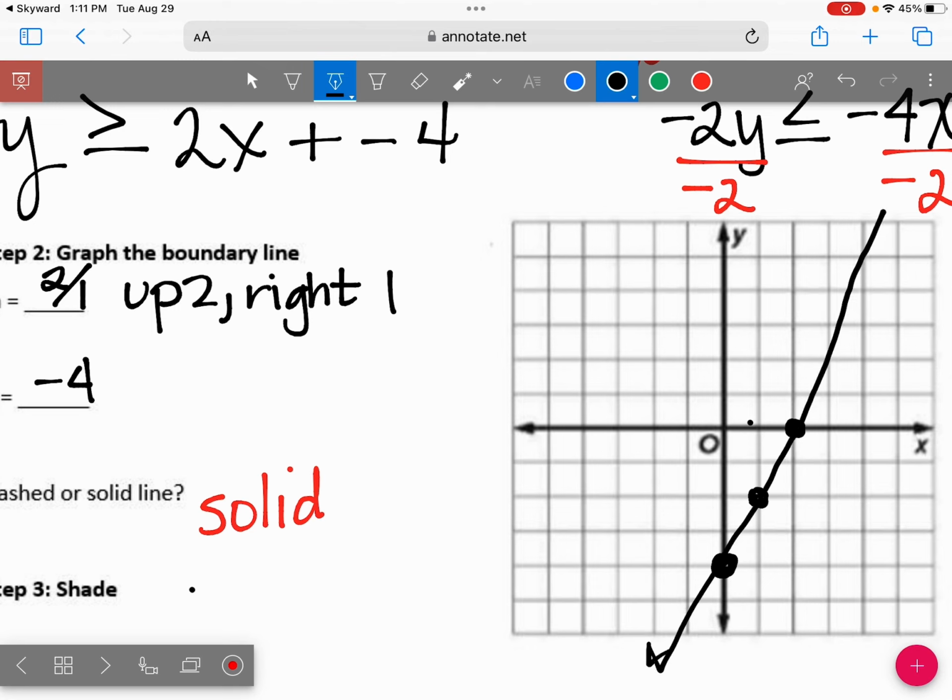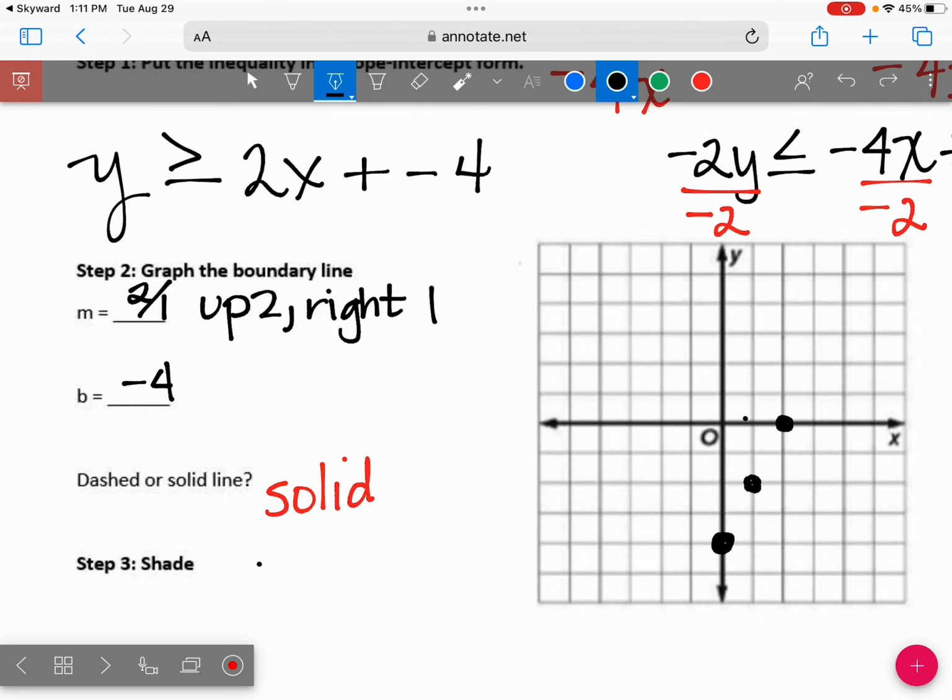And I know my line is not straight. Let me see if I can do better, because that's really crooked. There we go. That's a little bit better. Okay. Now, where do I shade on this graph? Above or below? Above, because this is greater than. See how this is a greater than inequality? So because it's greater than, I'm going to shade above.